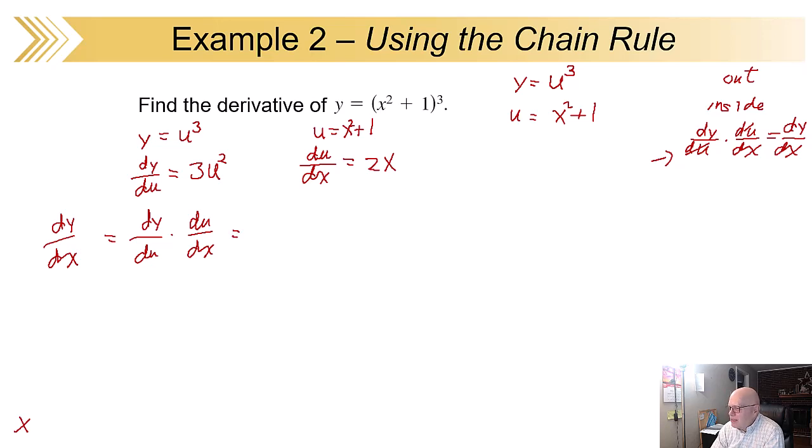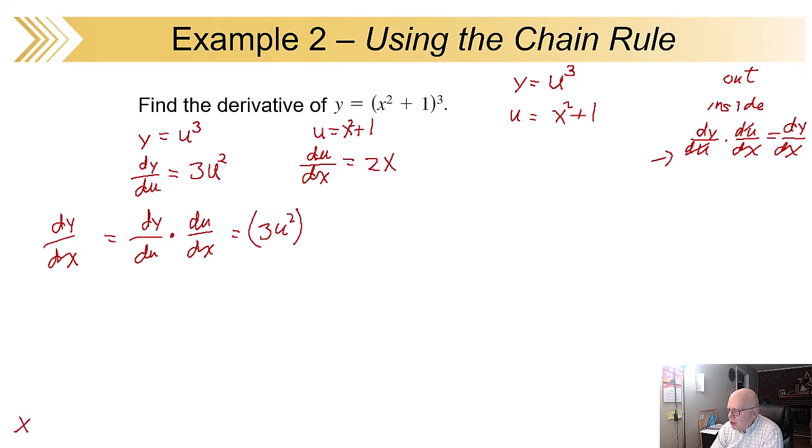So watch this. Dy du. We already took these two functions, the inside and the outside functions, and found the derivatives. All we have to do is copy. What's dy du? Well, it's right over here. 3u squared.